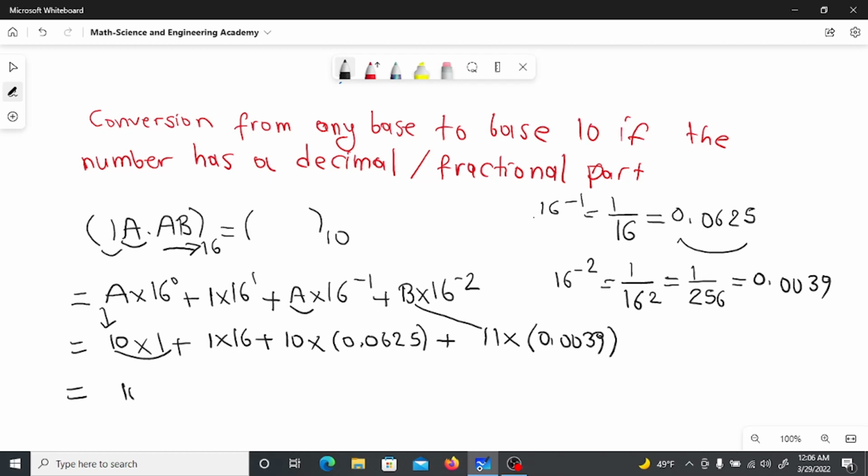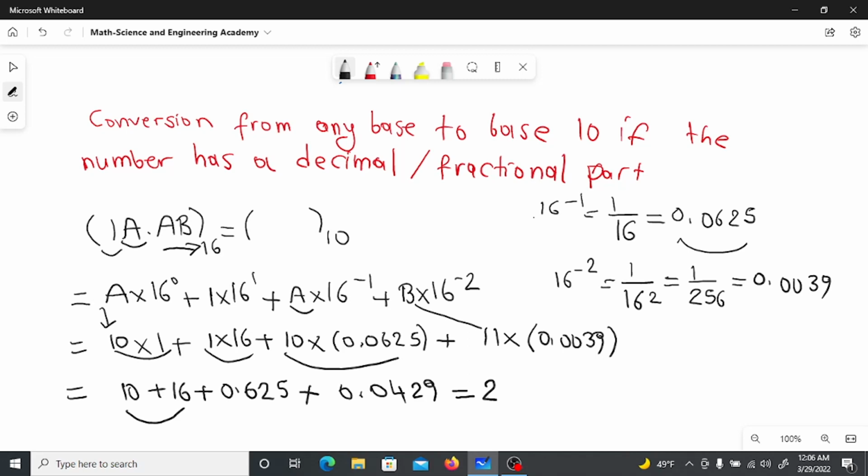10 times 1 is 10, plus 1 times 16 is 16, plus 10 times 0.0625 is 0.625, plus let's find 11 times 0.0039, which is 0.0429. That is equal to: whole part is 26, plus decimal part 0.625 plus 0.049.